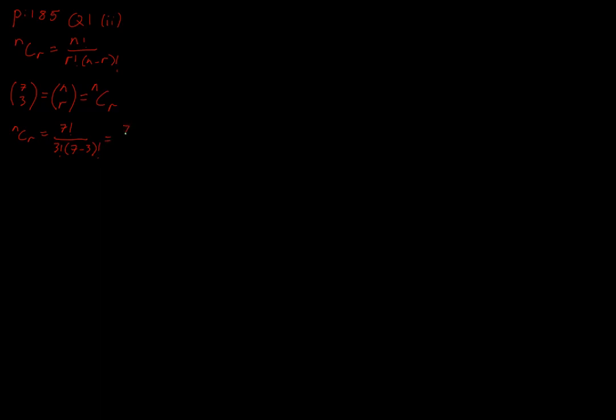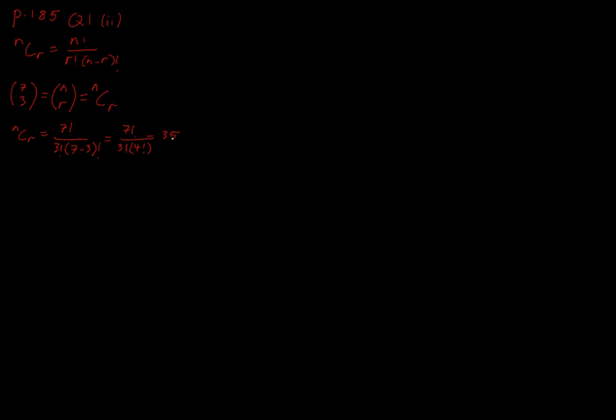So we end up with 7 factorial all over 3 factorial multiplied by 4 factorial. We can put that in our calculator and we'll get 35. So there are 35 ways of choosing 3 things from a group of 7. So if we have 7 objects and we want to choose 3 of them, we have 35 different ways of doing that.